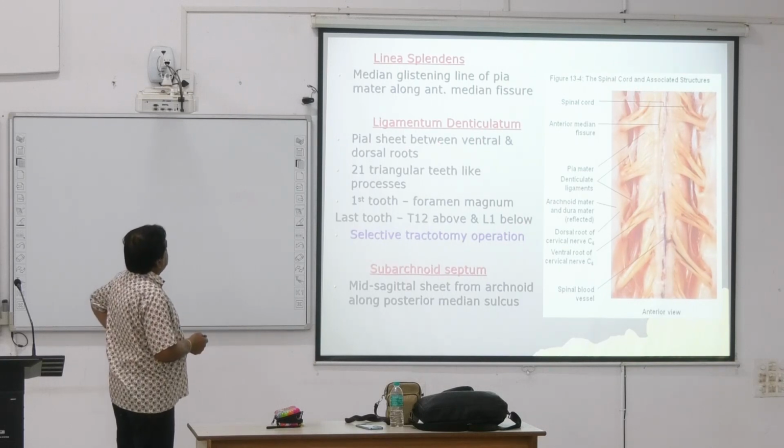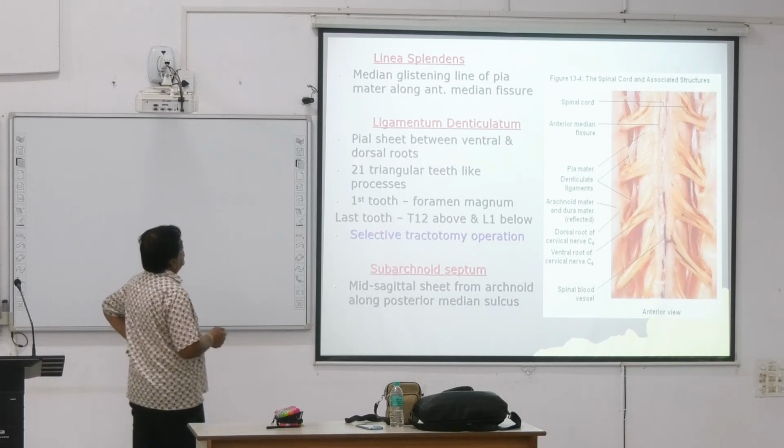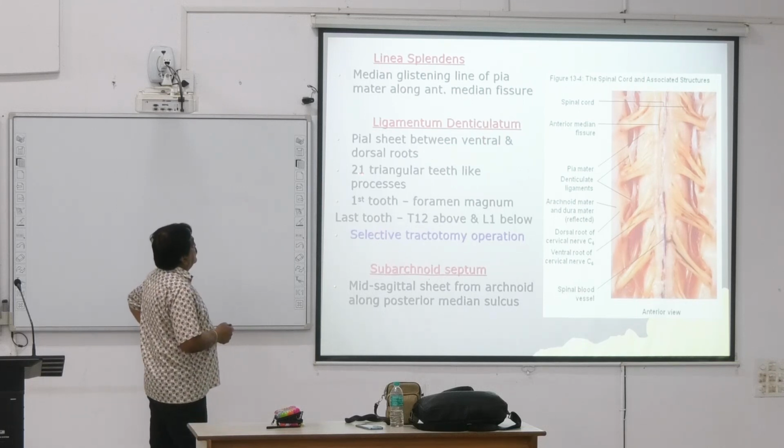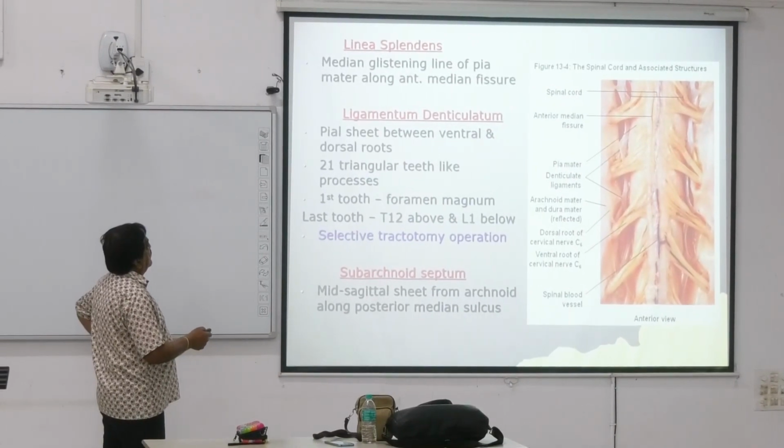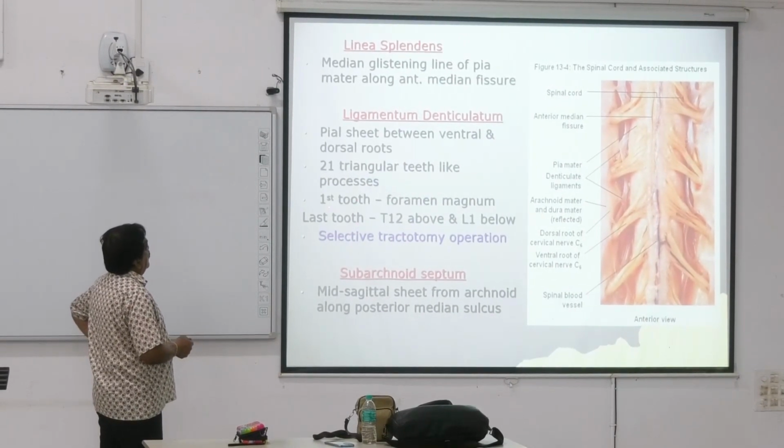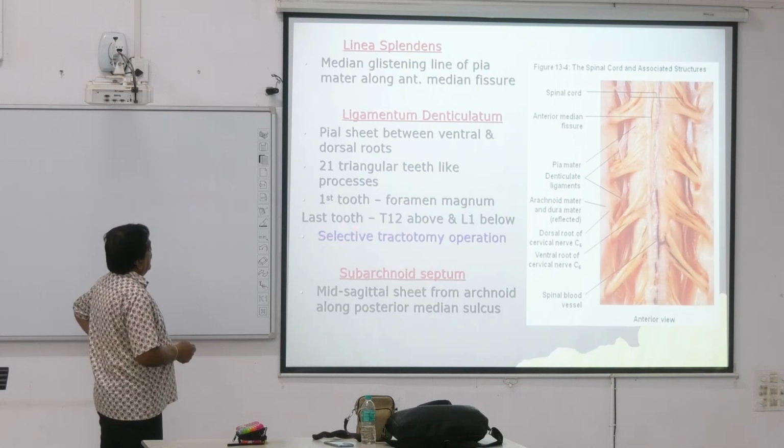The ligamentum denticulatum can be a short note also. First tooth, foramen magnum; last tooth, T12, and L1 vertebra below.